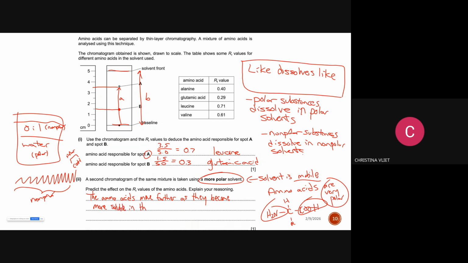And therefore, what happens to the RF value? It will increase, because they'll travel farther, closer to the end of the solvent front. So that's how you would answer that.